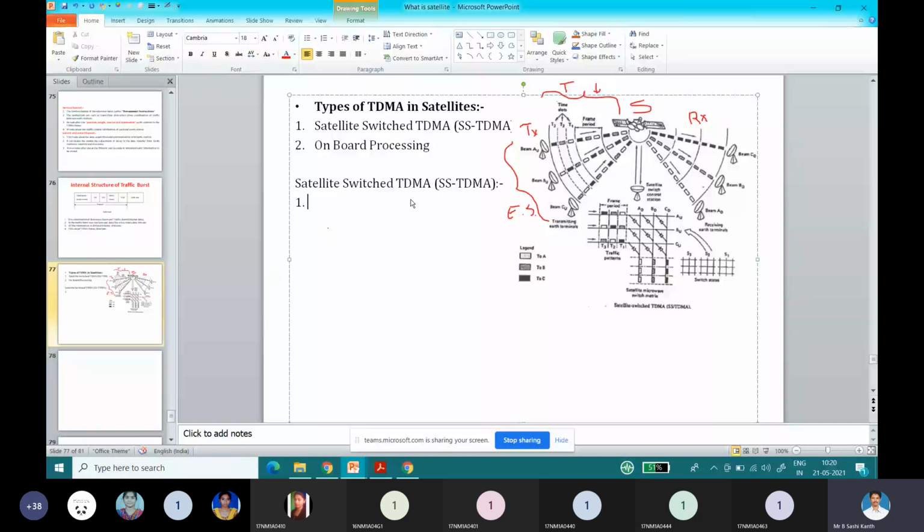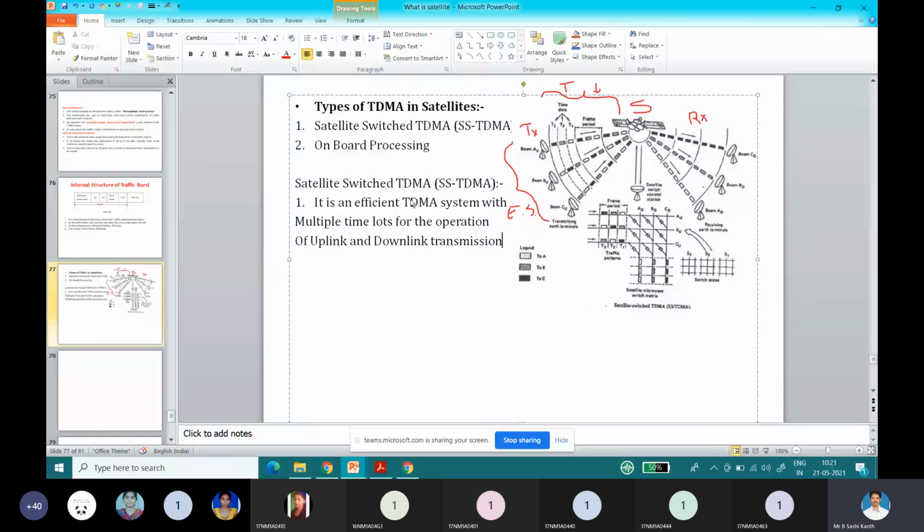It is an efficient TDMA system with multiple time slots for the operation of uplink and downlink transmission.